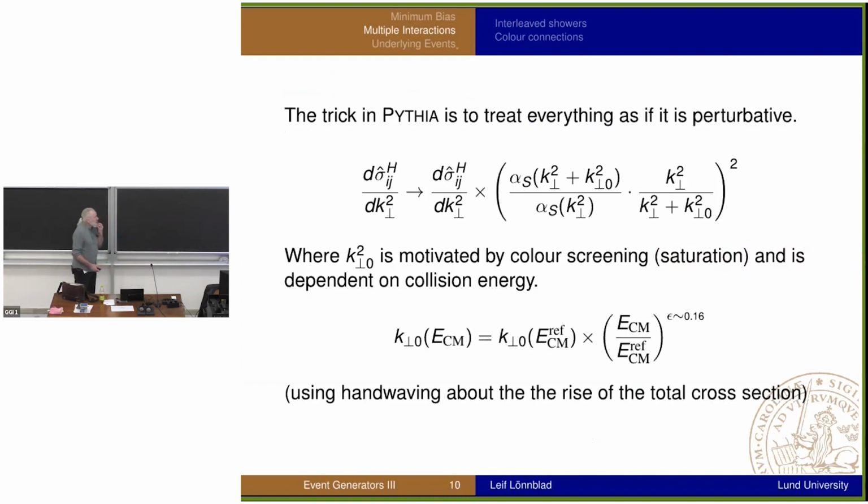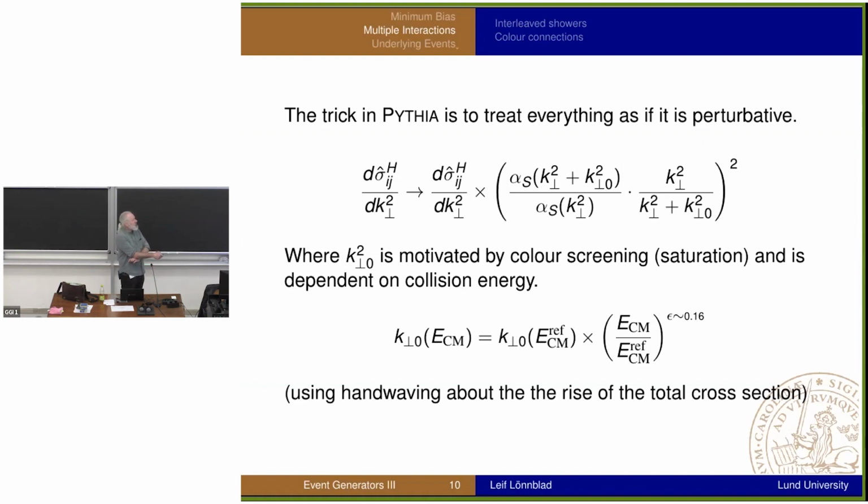Okay, so I'm going to describe how this is done in Pythia, which is actually the first implementation of anything like this. First of all, Pythia tries to treat everything as perturbative. So rather than introducing a cut, it introduces some kind of soft cutoff.